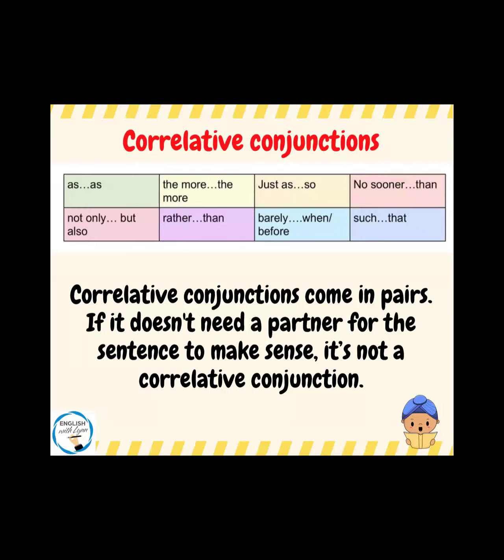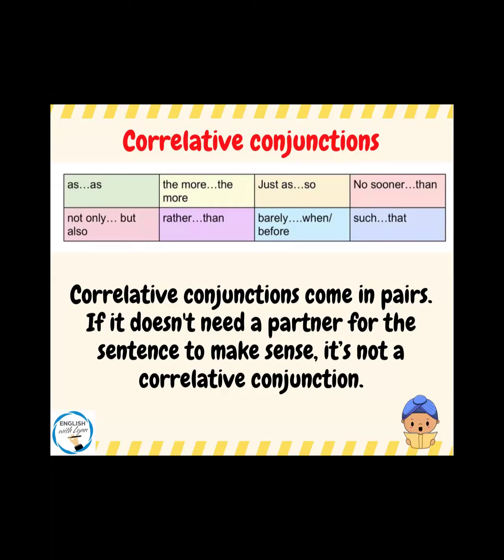So we had barely finished our homework when we had to give it in. So you're kind of linking the two ideas, and there is a very short gap between them. The same as no sooner had we done something than something else happened. So again, that is showing the immediacy between the two things.